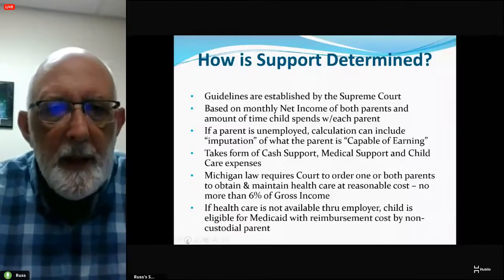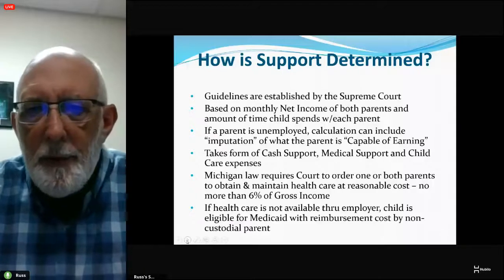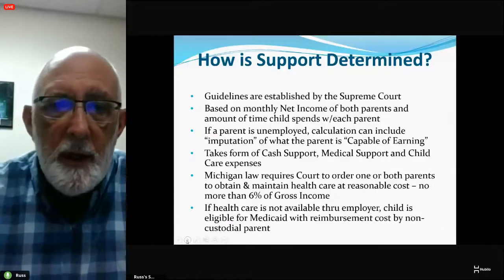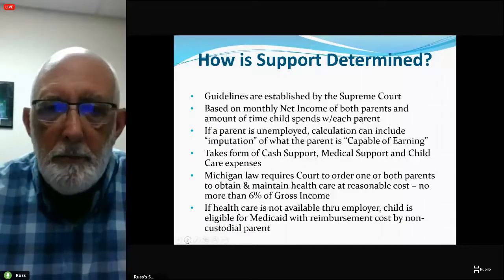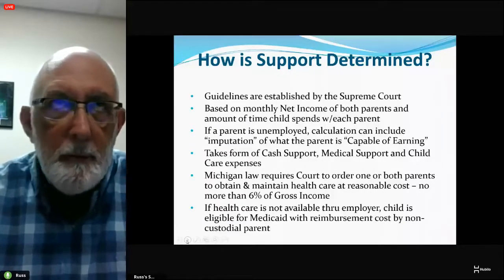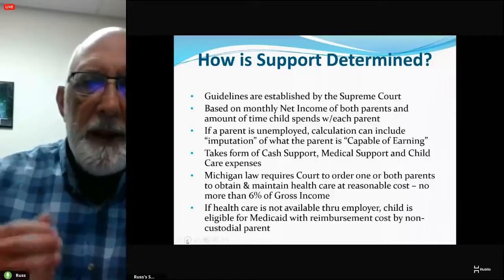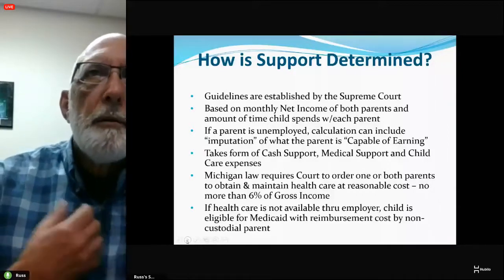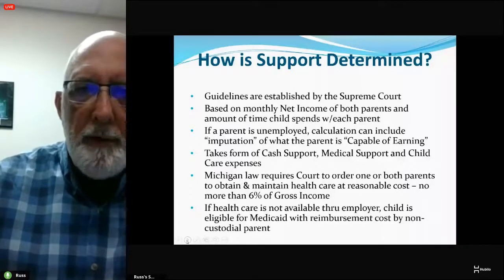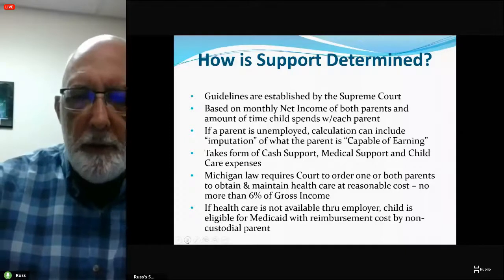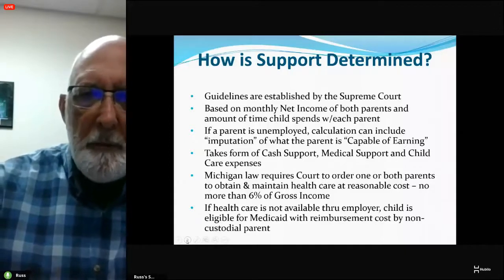$60. If health care is not available through an employer, and that's typically where the court will look first, if Blue Cross, Aetna, Humana, McLaren, pick a healthcare provider. If my employer covers the cost of healthcare, then I'm required to put my child on my healthcare.